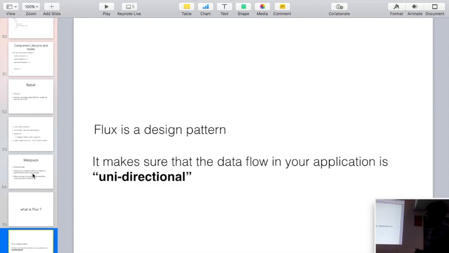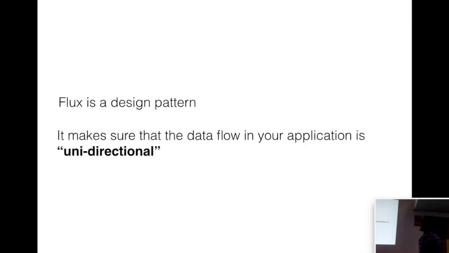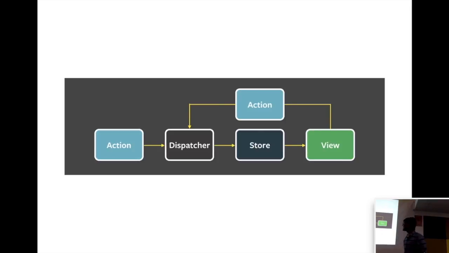So it's just a design pattern, and it makes sure that the data flow in your application is unidirectional. So that's what Flux is all about. You might have seen this diagram in a lot of places. I think any talk about Flux will not be complete without this diagram, so I just included it.